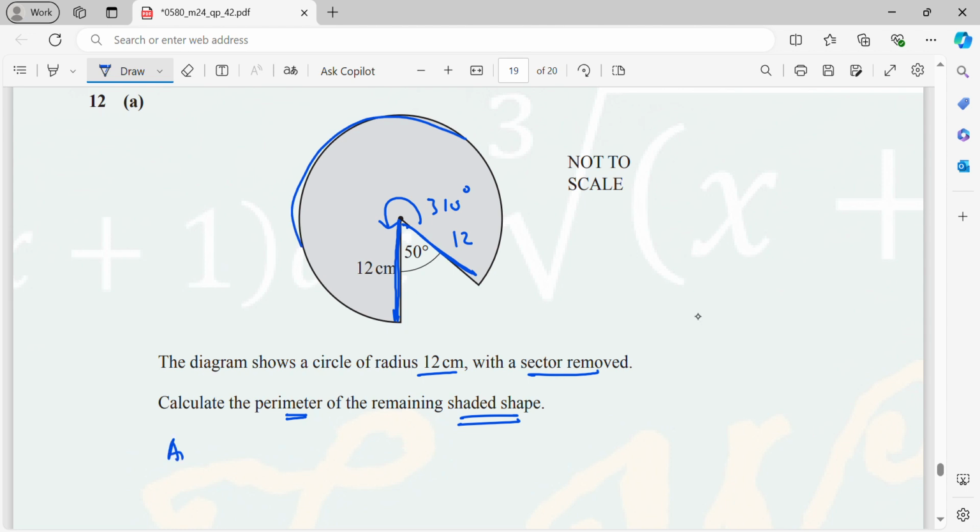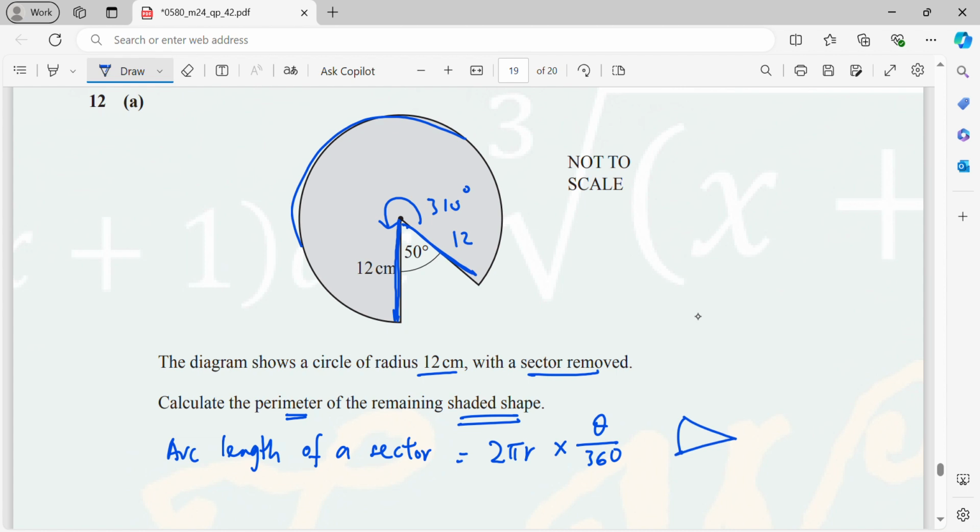So now arc length of a sector, formula is 2 pi r times theta over 360 degrees. So given this diagram, no need to write degree, so just over 360.